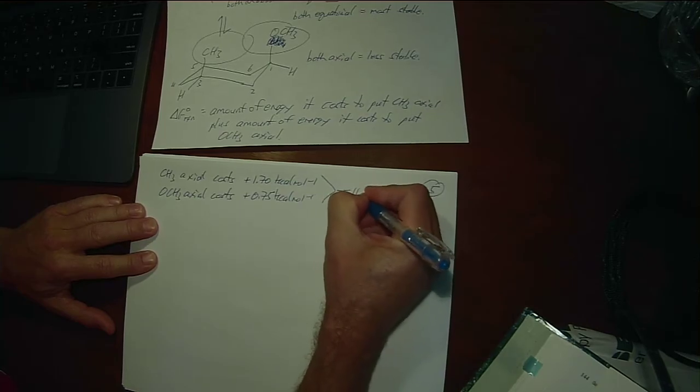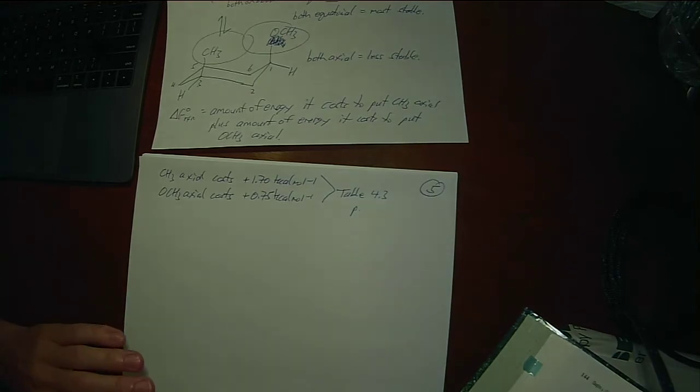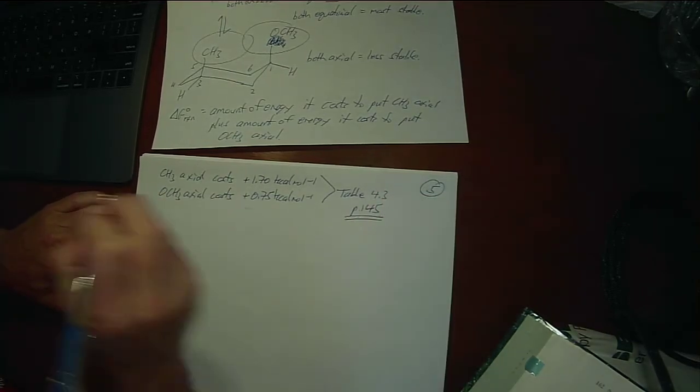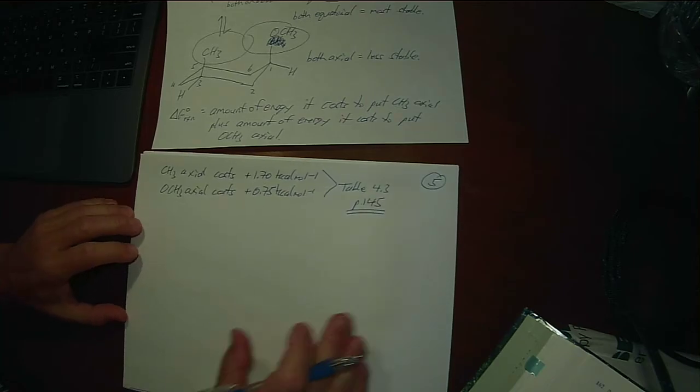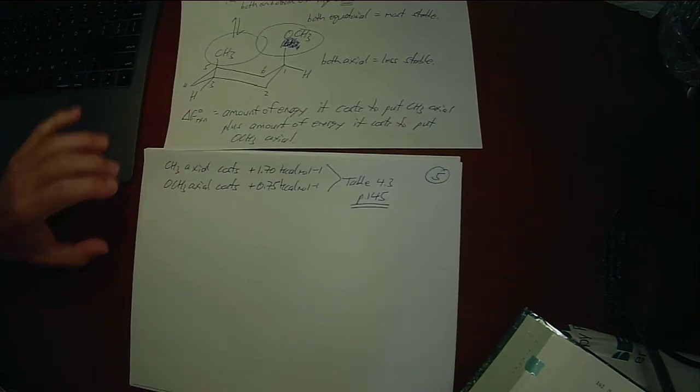And those numbers come from table 4.3, which is in your textbook on page 145. Don't memorize those numbers. I will actually give you that table on the exam, right? There's no reason for you to know those numbers.